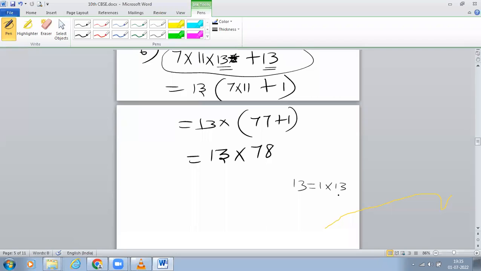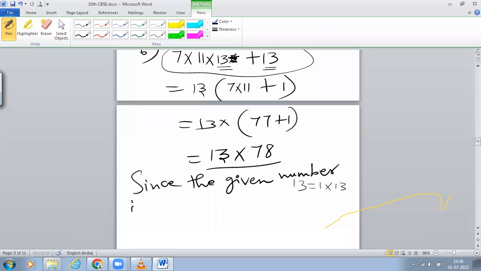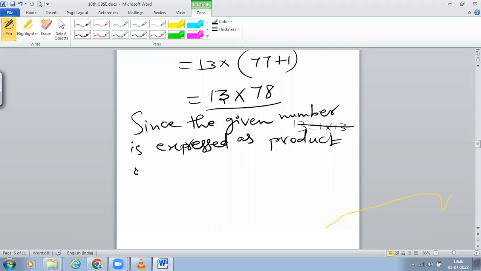Now, what you have to write is: since the given number is expressed as a product of two numbers, it is a composite number.